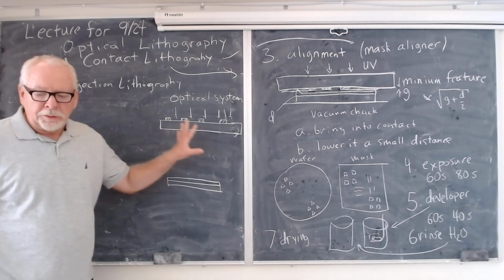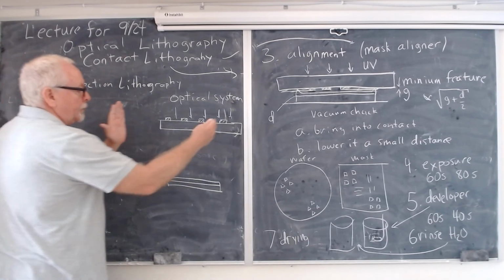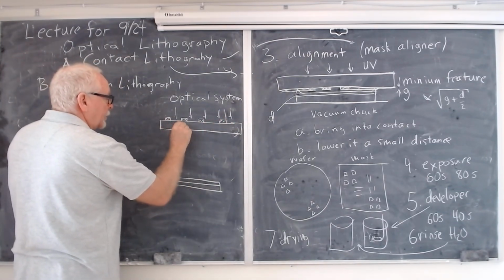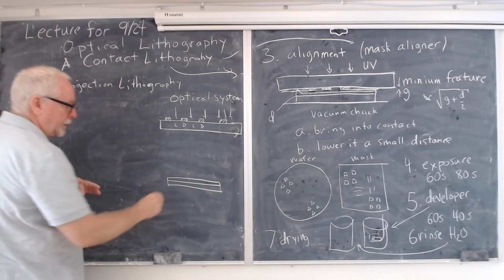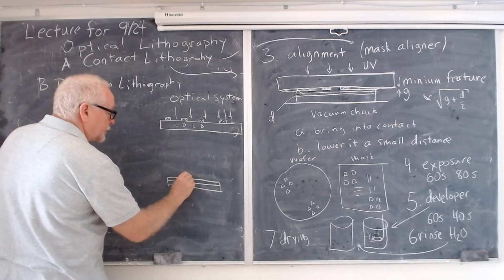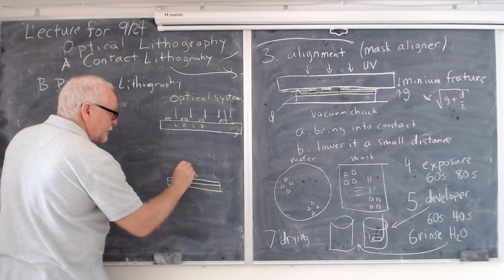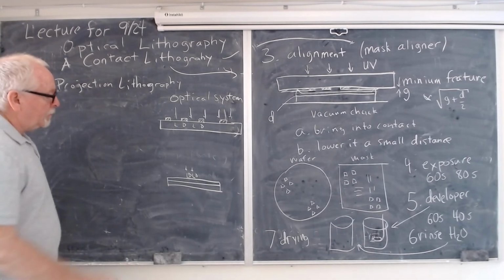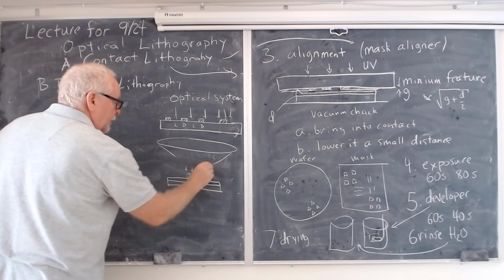The idea is that usually there's a demagnification step so that the photomask is bigger, and this light and dark features gets demagnified onto the surface like that. And in between there's always a lens that's bringing the light into focus.